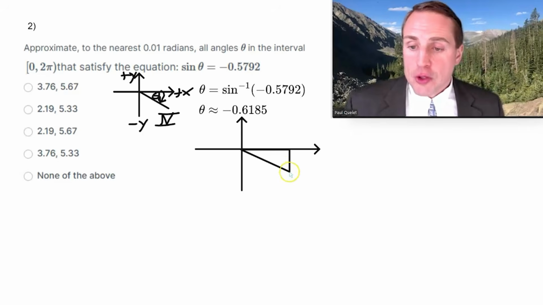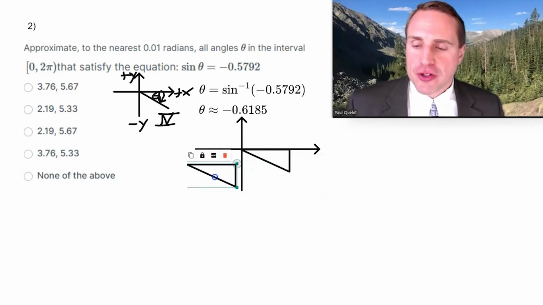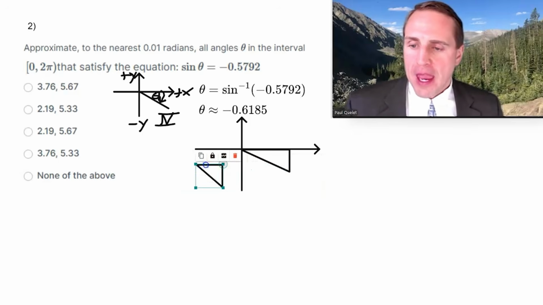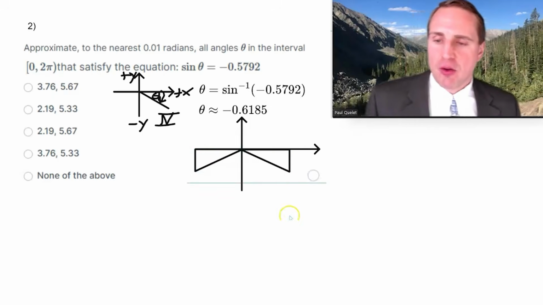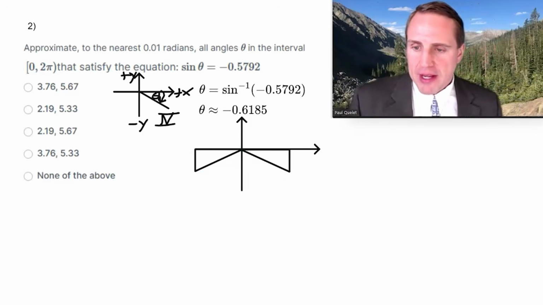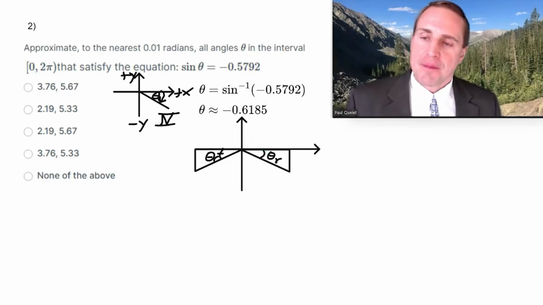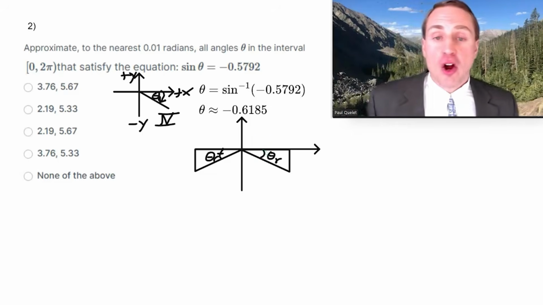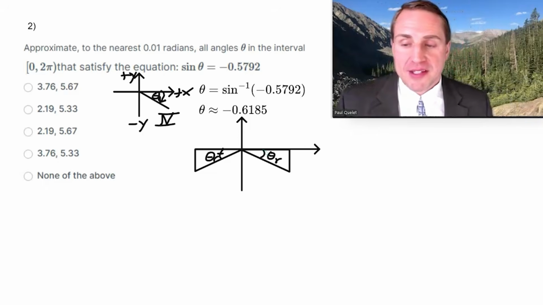So let me explain. As I mentioned before, we're going to focus in on quadrants 3 and 4. And notice I'm doing my best to come up with congruent right triangles having the same reference angle. So this right here is theta r, r meaning reference, theta reference is 0.6185.